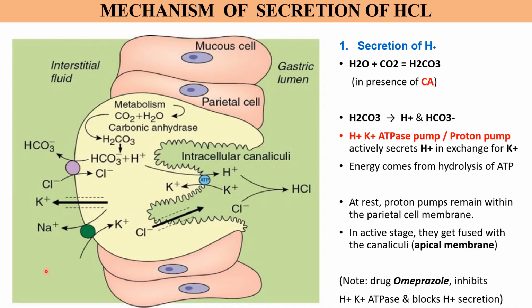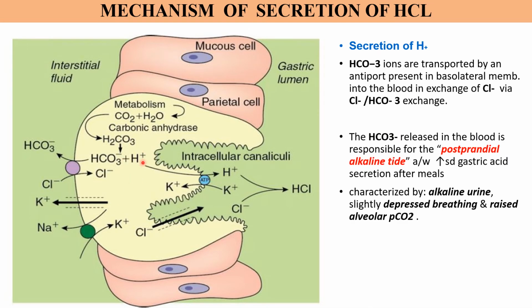One important note that must be taken into consideration is that antacid drugs like omeprazole or other proton pump inhibitor drugs inhibit this proton pump working on the apical membrane, and thus they block the H plus secretion, and thus they relieve the acidity of the stomach.